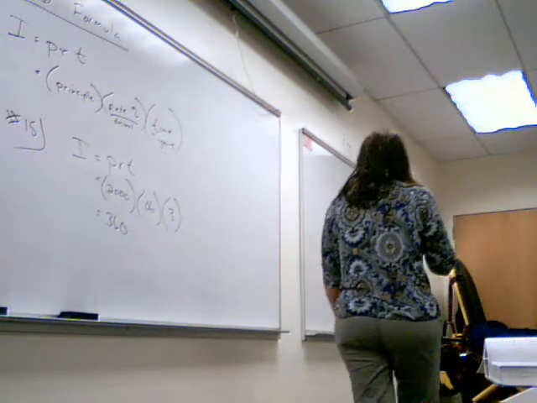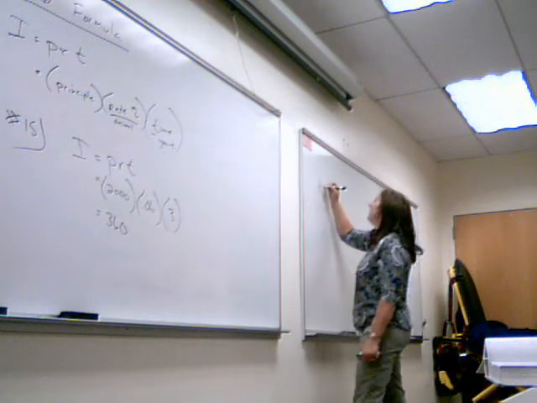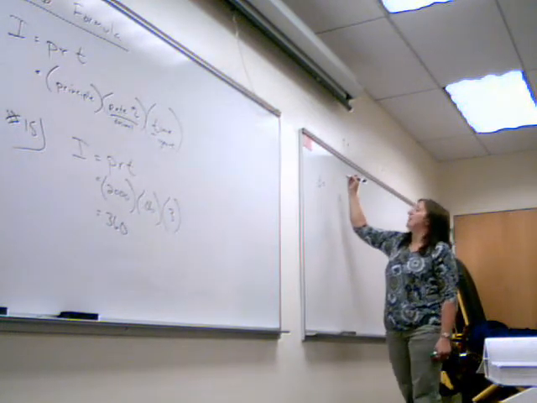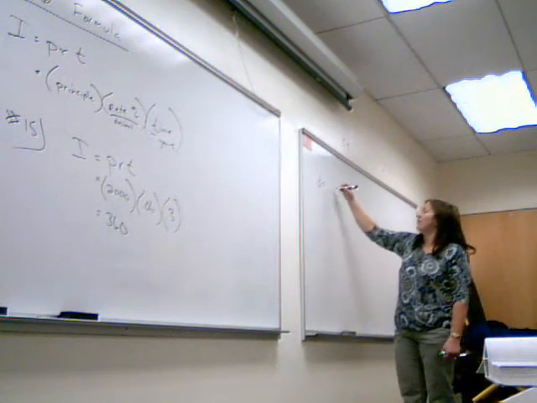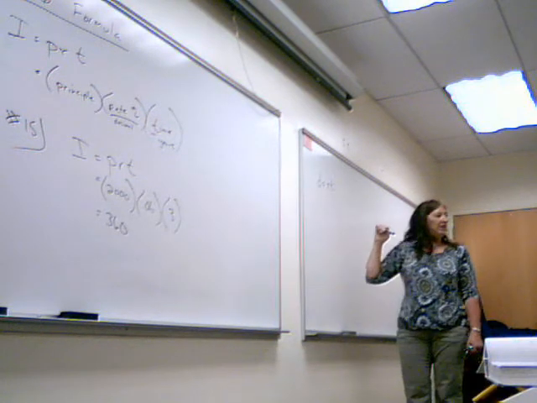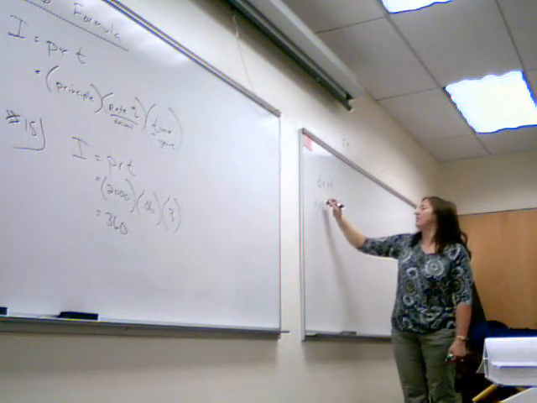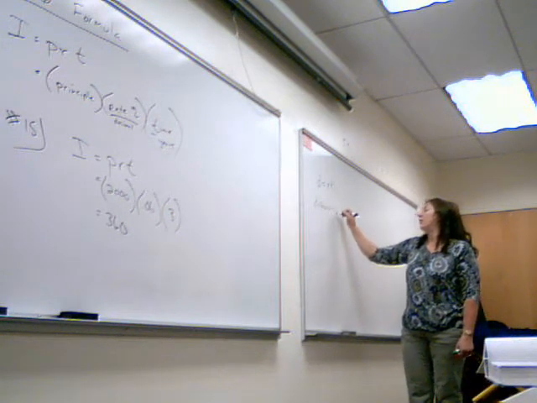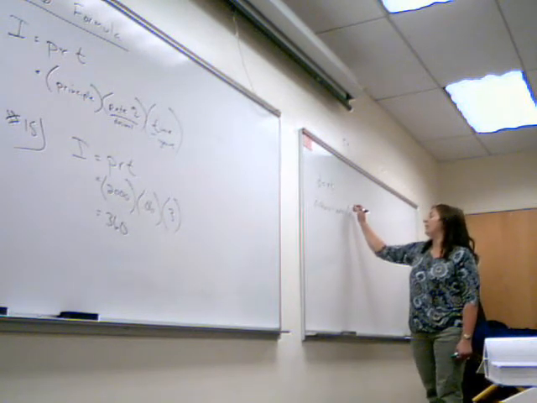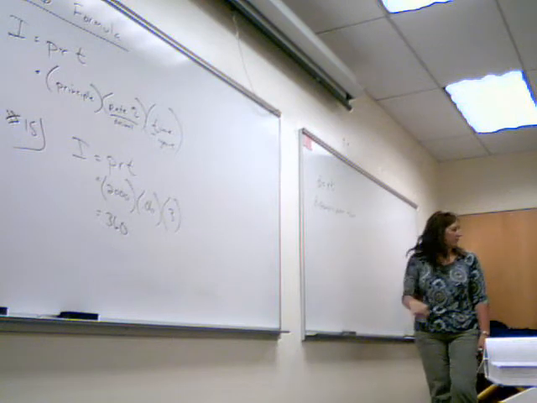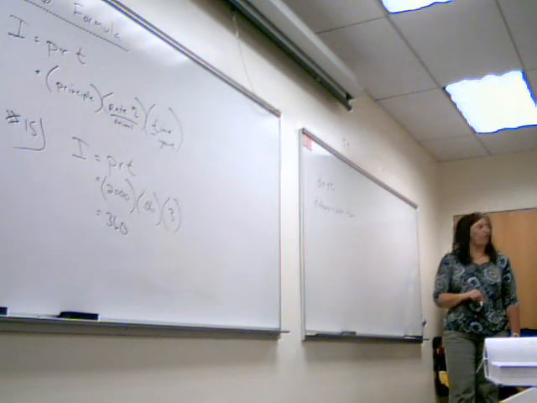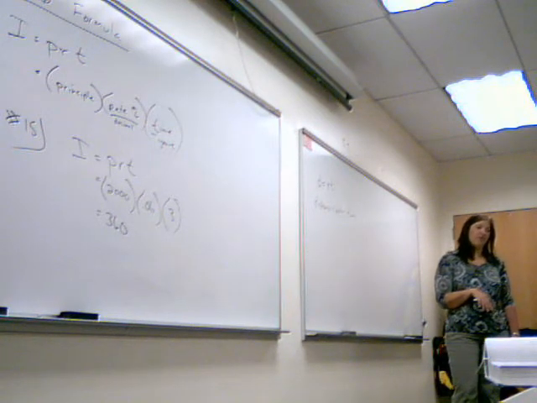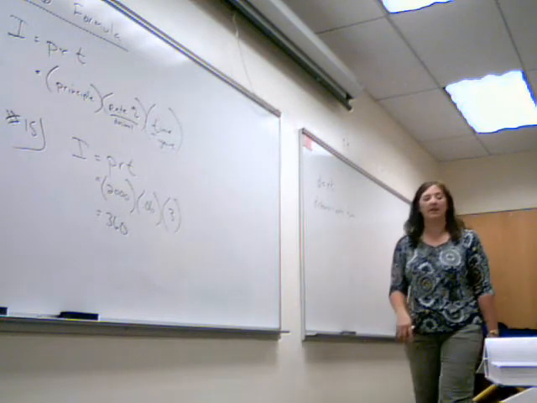Another formula that you guys have is distance formula. And that goes distance equals RT. So it's distance equals rate times time, okay? Now, hopefully you guys have heard about this formula before. It's a fairly common one, okay?